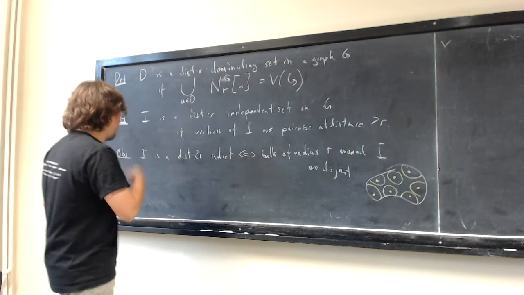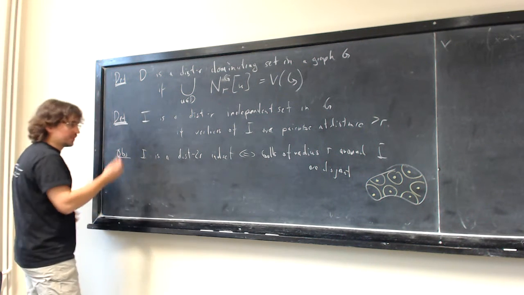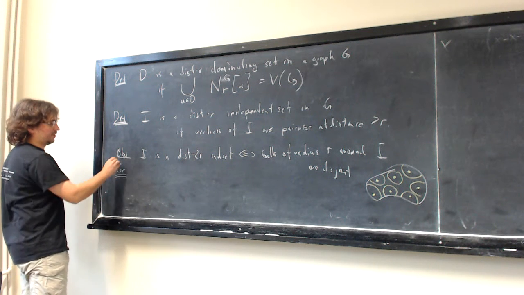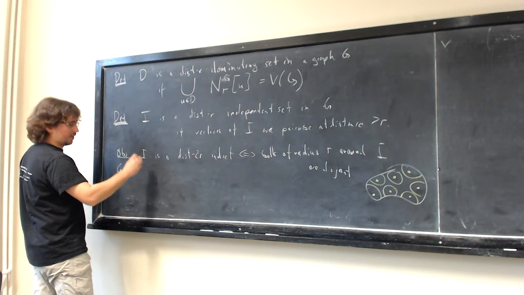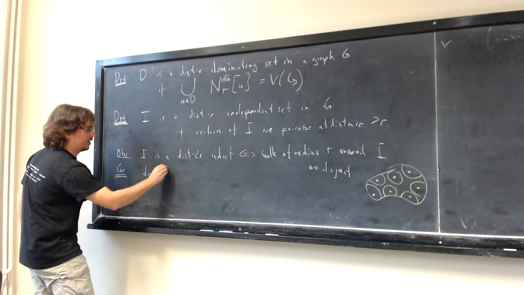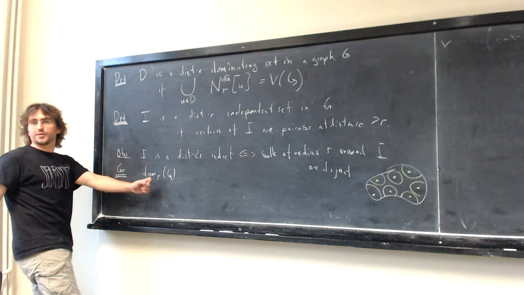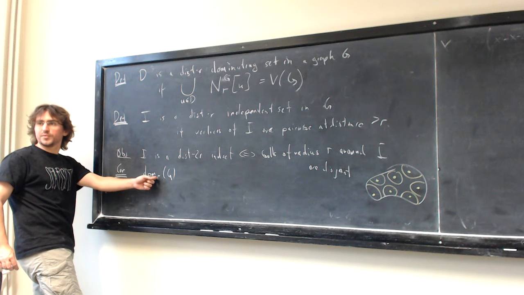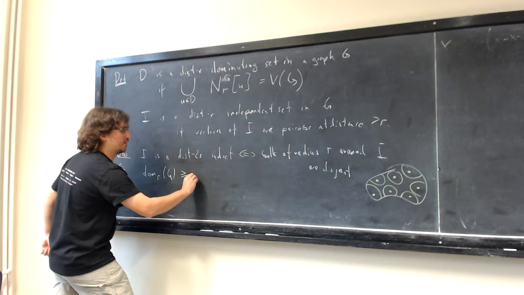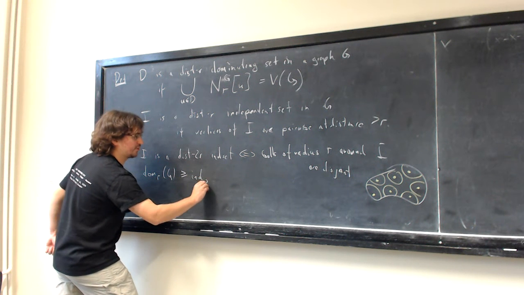Good. So this gives me the standard corollary that if I look at the domination number at distance R, so the smallest size of a distance R dominating set in my graph, then this needs to be at least the independence number for distance 2R.